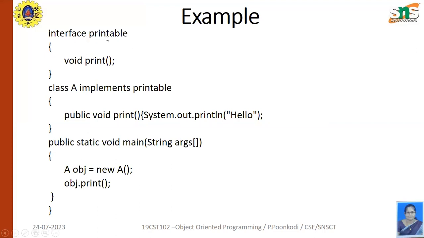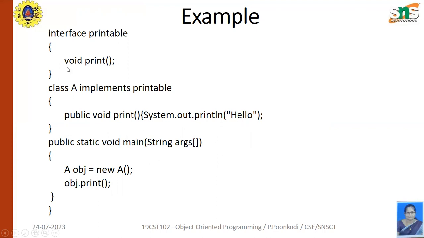The interface Printable has void print. Here we implement Printable in class A. Class A implements Printable, with public void print, and System.out.println prints hello. Then the main method.